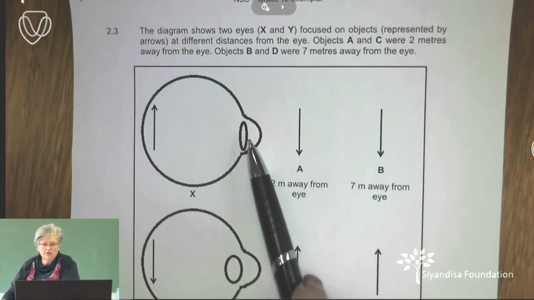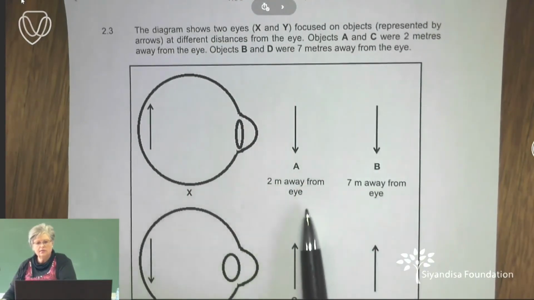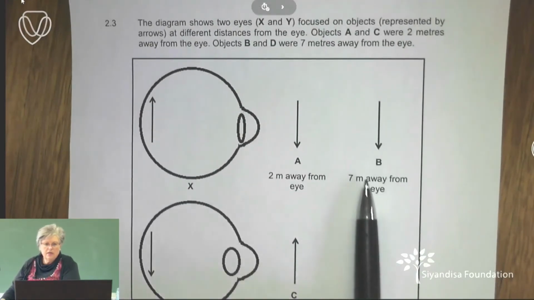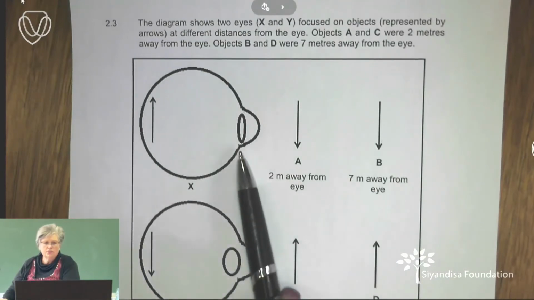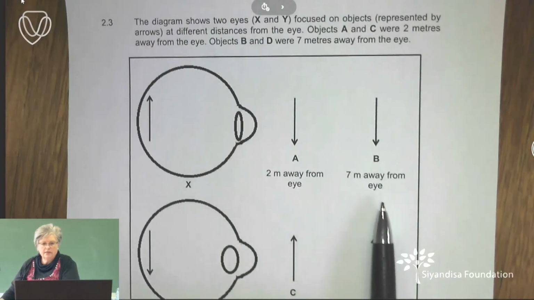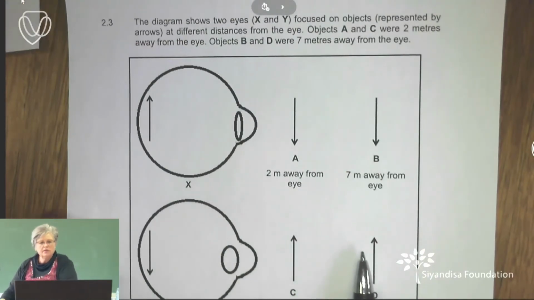So this eye can either focus on that one or this one, and this eye on this one or this one. Objects A and C were 2 meters away from the eye. Objects B and D were 7 meters away from the eye.